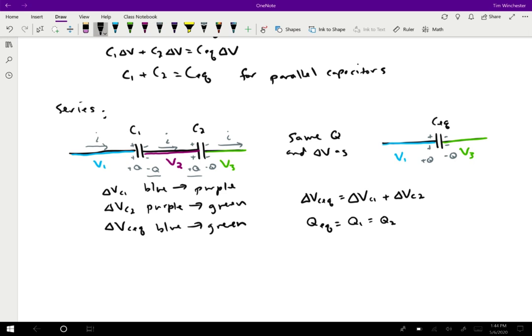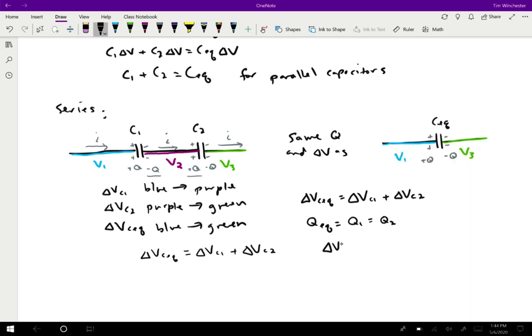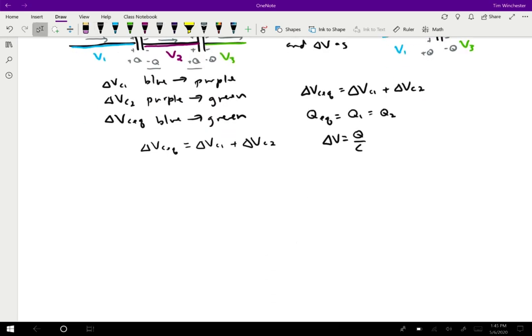Okay, so what I'm going to do then is I'm going to take my delta V relationship. So delta V for C equivalent equals delta V for C1 plus delta V for C2. And I'm going to replace those with the formula for capacitance. So remember, delta V is going to be equal to Q over C. So I'm going to make that replacement for each of these.